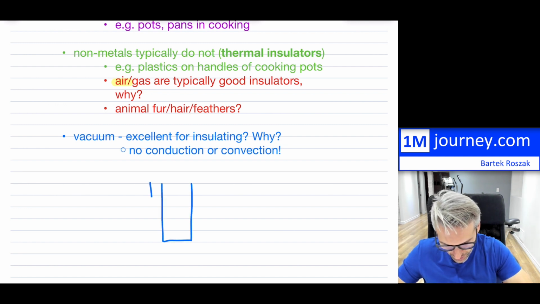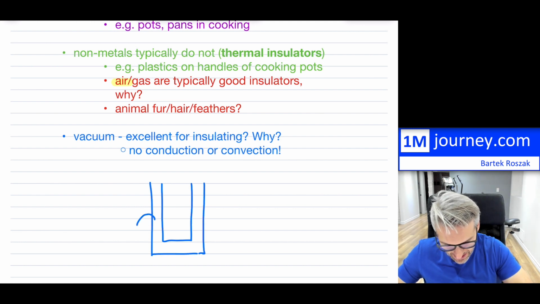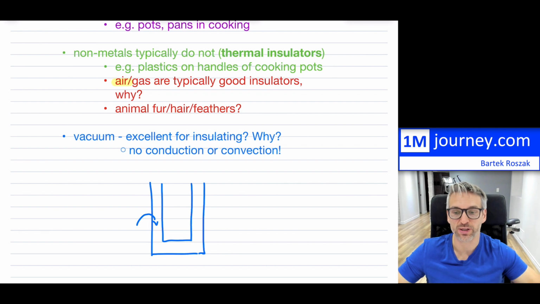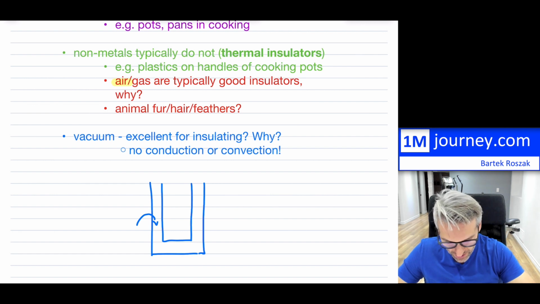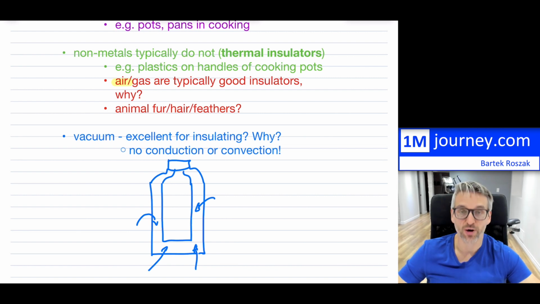So here's my thermos, and what happens is that this inside is almost like a vacuum that we create, we suck out all of the particles. Well, we try to do that as best as we possibly can, right? And then this will get sealed, like this. And then you have your cap over here, and all of this inside has the least amount of air particles as possible.